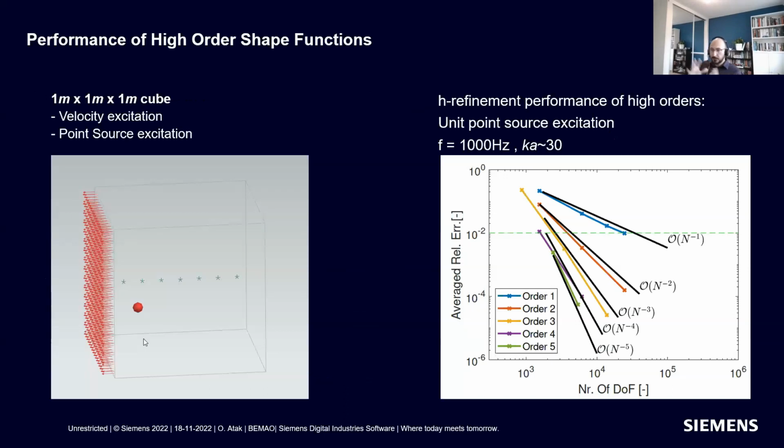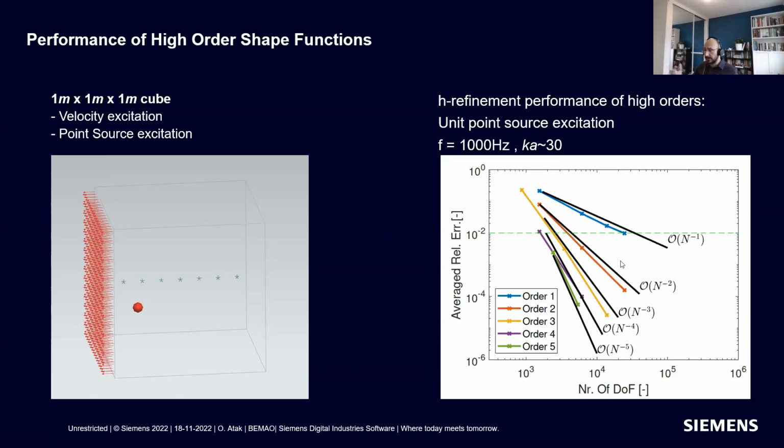All right, I'm talking about the performance of high orders and compressibility, so I'll now try to demonstrate that. Let's try a simple problem. We have a 1 cubic meter cube. We will have two configurations: a velocity excitation on the side. It's a smoother problem, of course, but to make it more exciting, we will also put a point source excitation, which creates a more complicated field for us to look at. Again, there's no adaptivity yet.